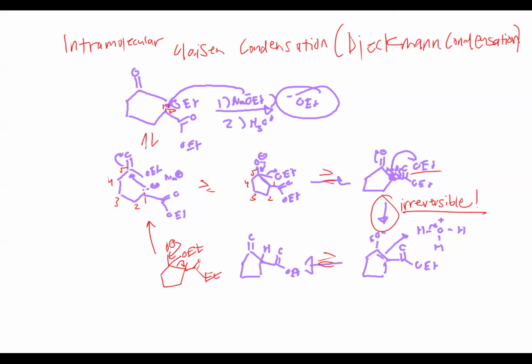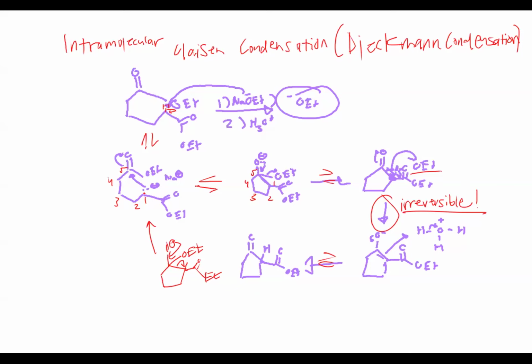Is there a specific condition for that to happen, or is it just the fact that it can go that way instead of kicking off the OET? It's just the fact that it could do that, and the reason we don't draw that step in the mechanism is because that's not a productive step. It would just go back to where it was and wouldn't change anything. The productive step would be kicking out the OET and actually making something happen.